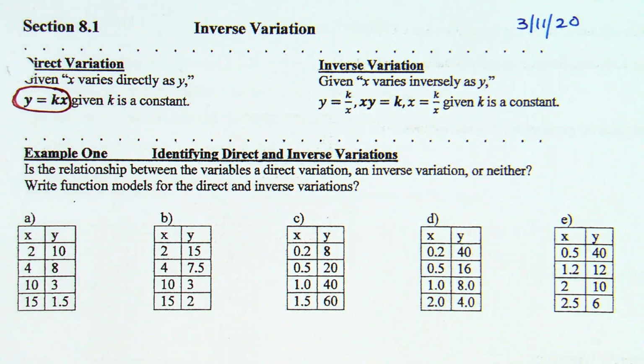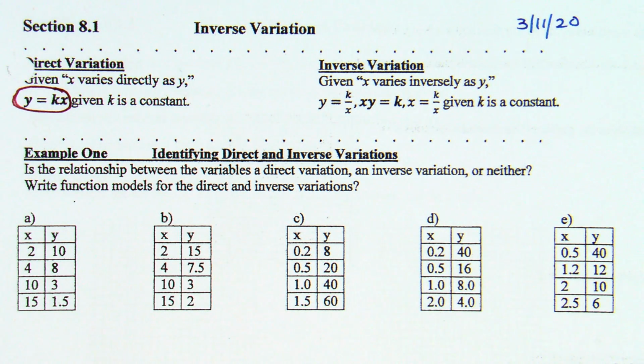Okay, so that should sound a little familiar. I know I've taught it this year. So direct variation, the equation is y equals kx.